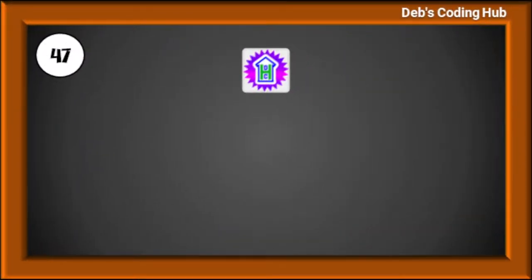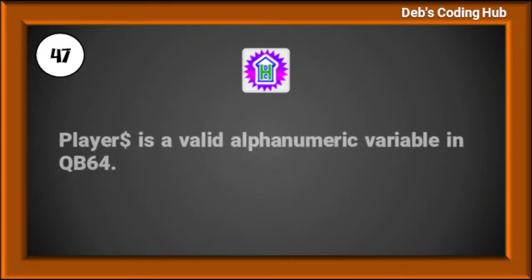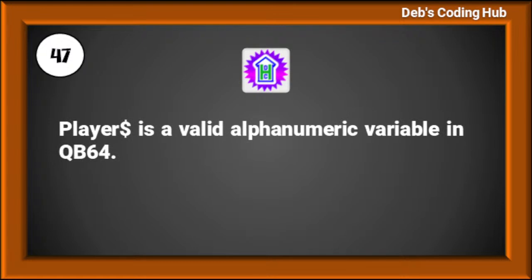Next one is question number 47. Player dollar is a valid alphanumeric variable in QBASIC 64. It is also true because for storing alphanumeric data, that is string, we put a dollar at the end of the variable name. So it is true. Oh, it is written as false, so it should be true.